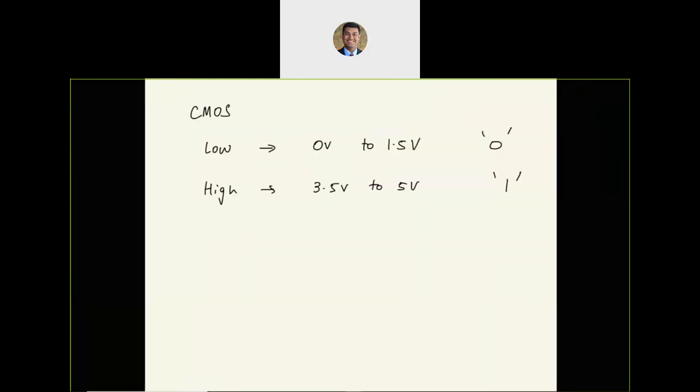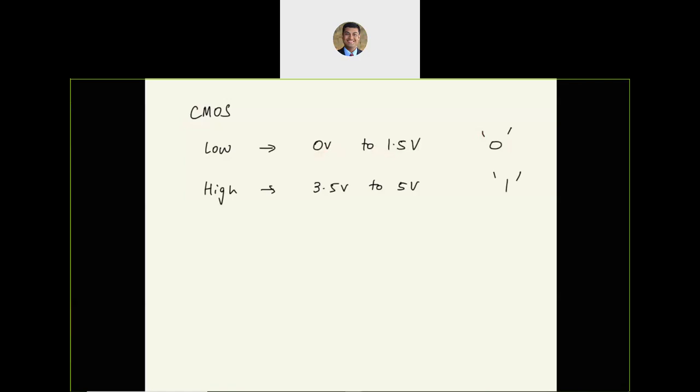And for complementary MOS technology, CMOS technology, that's a technology that is used to design the transistors and the logic gates using those transistors. Low or zero, logic zero, is a voltage that is between 0 and 1.5 volts. So any voltage in this range is going to be considered to be a low state.